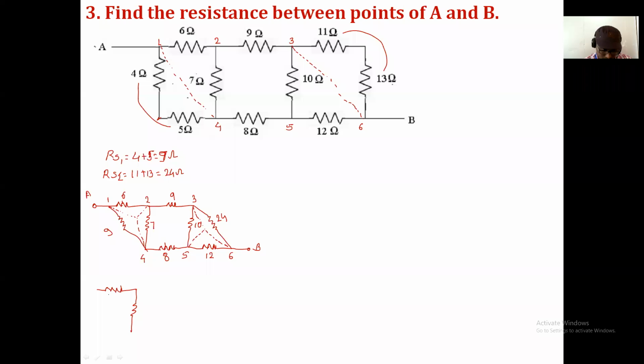See, I am not even changing its shape, so that there should not be any confusion. So point number 1 and point number 2 are on the upper side, and point number 4 at the lower side. Is it right? So this one is 4. Get my point?